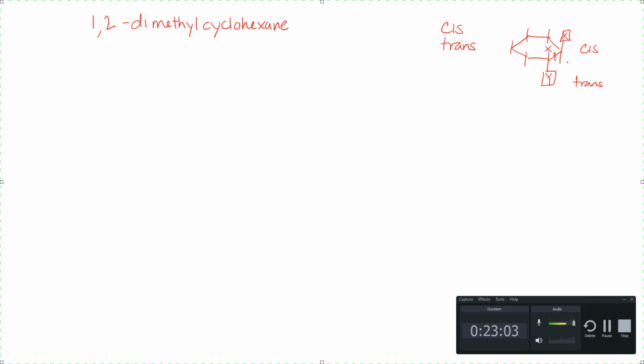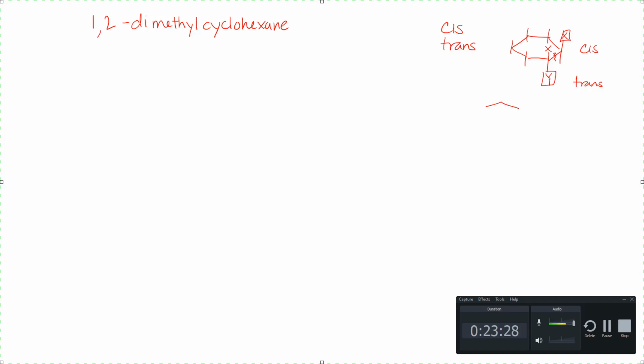It's not a simple rotation around a sigma bond. So cis and trans are not conformations. They are stereoisomers.